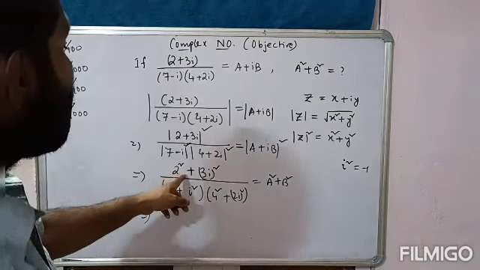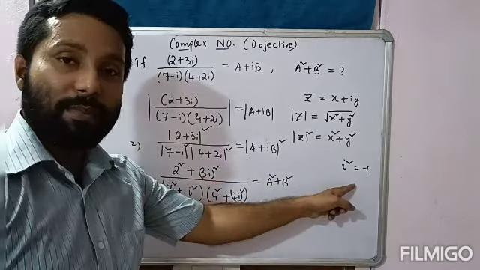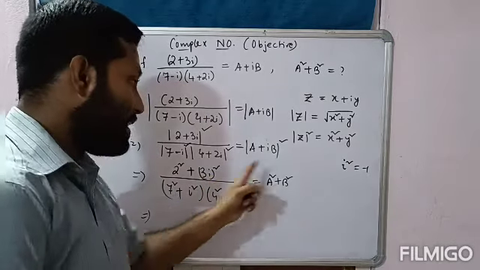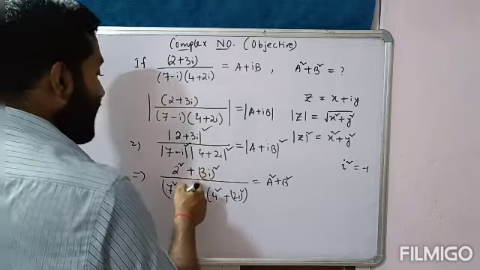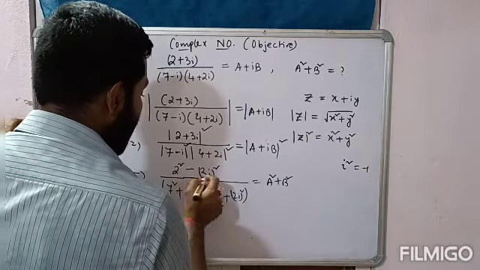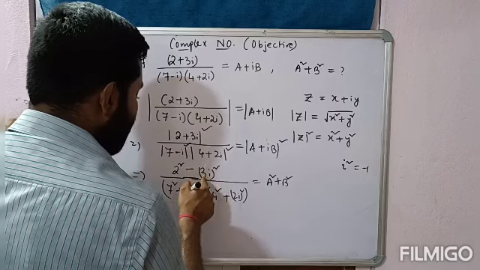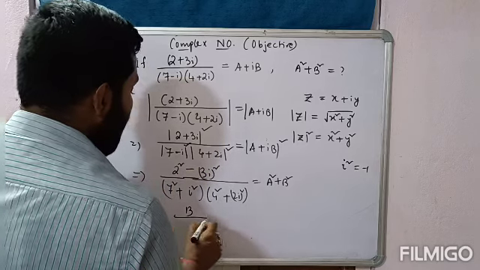The value of i square is minus 1, so 4 plus 9, that is equal to 13.